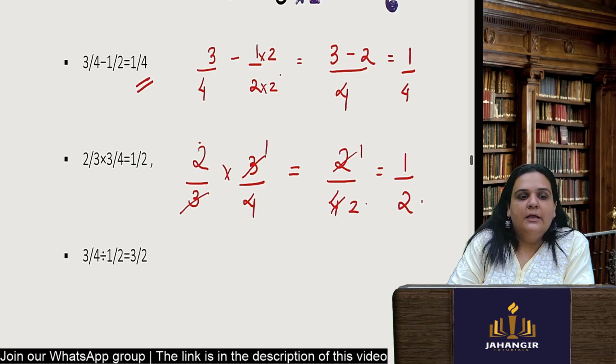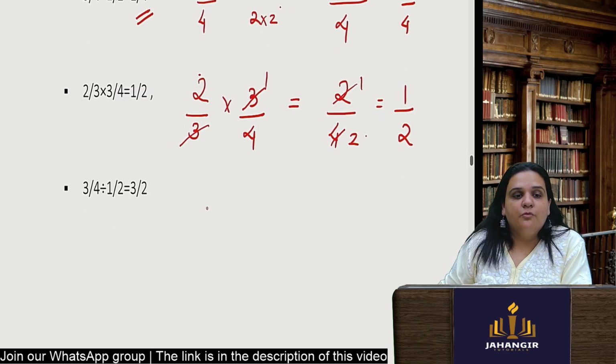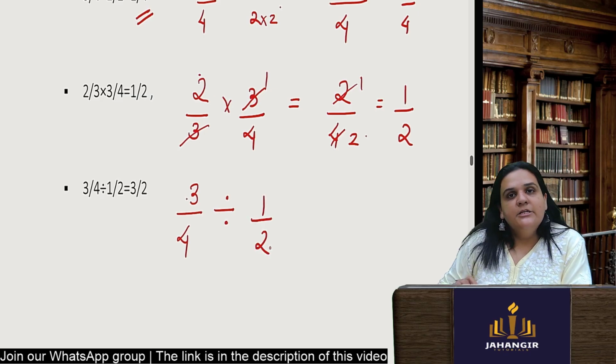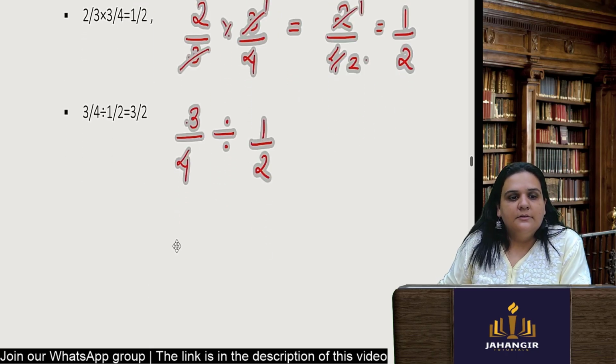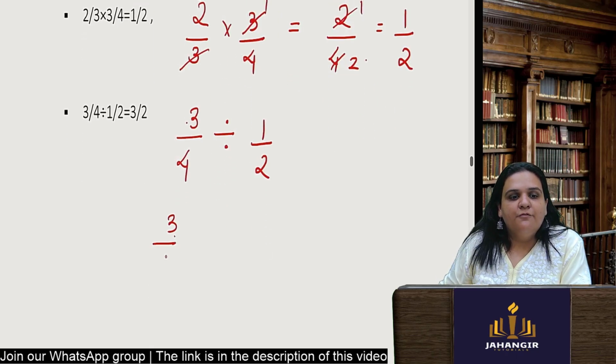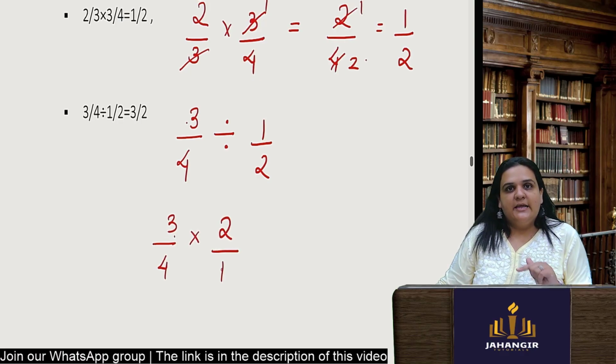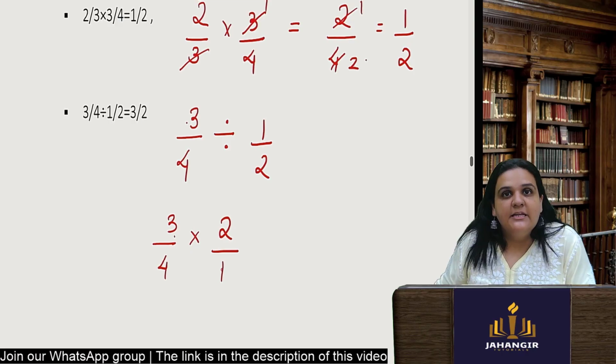Right? And when am I doing division of two rational numbers? This will come in the next part also. So remember, 3 upon 4 divided by 1 upon 2. Whenever there is a division, change this division into multiplication. How will I do that? Simple. I will say 3 upon 4 into 2 upon 1. The moment I change the sign, I will do the reverse, the inverse.